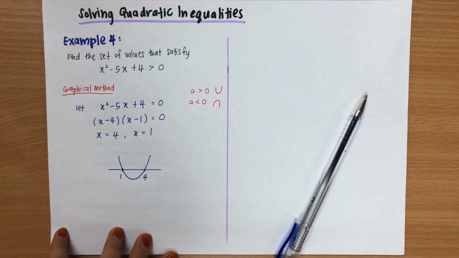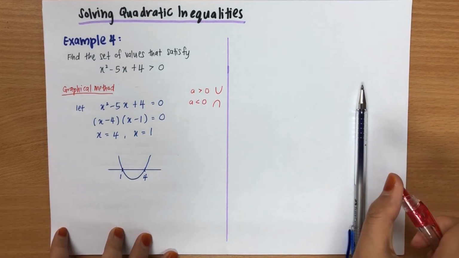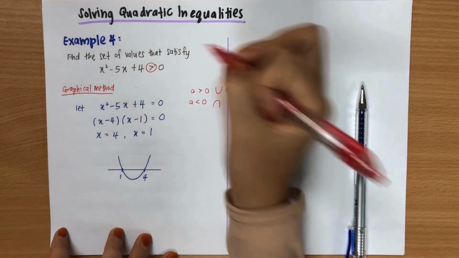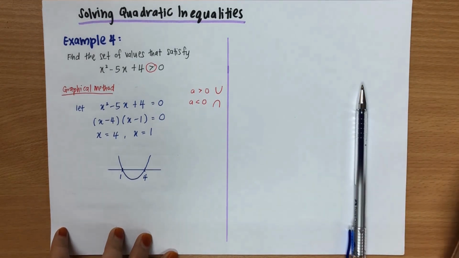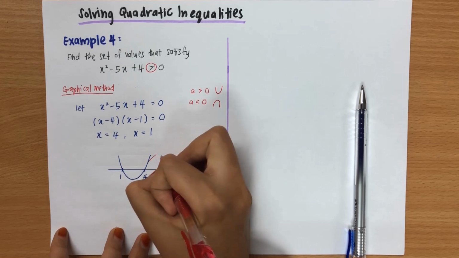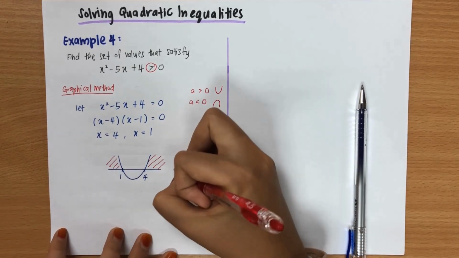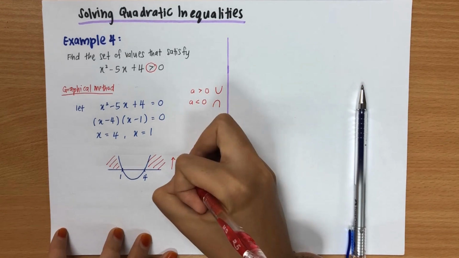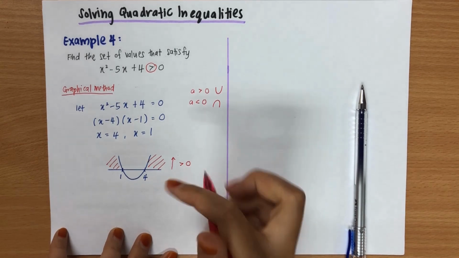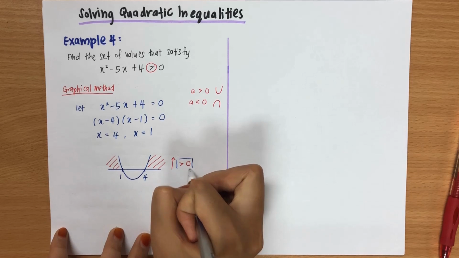We check again the value from our question. The question asks us to take the greater than sign. If it is greater than 0, what we need to check is the numbers above the x-axis. This is for the condition of greater than 0.